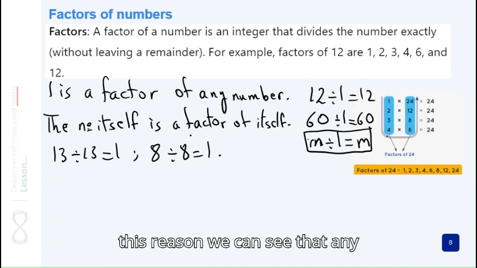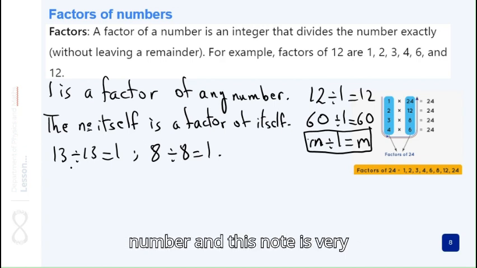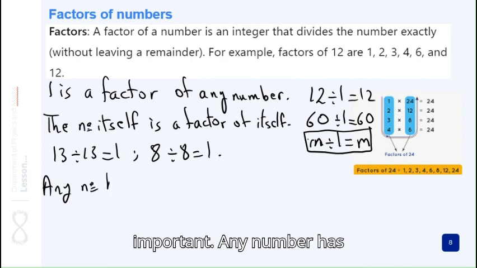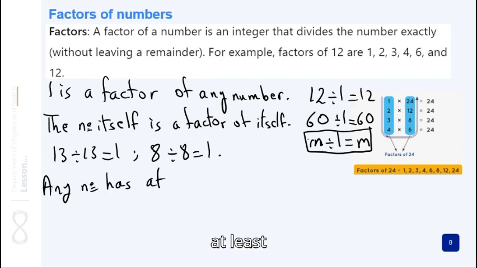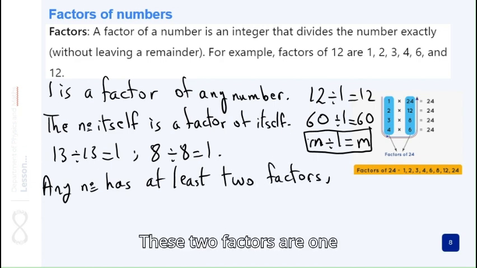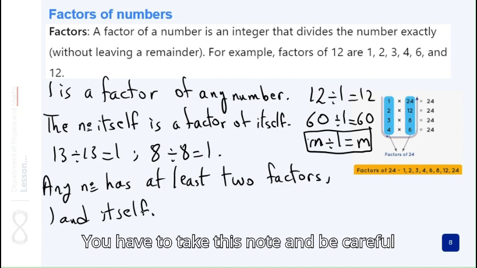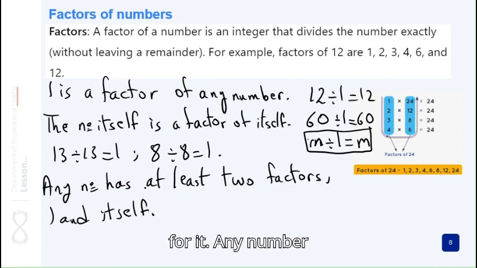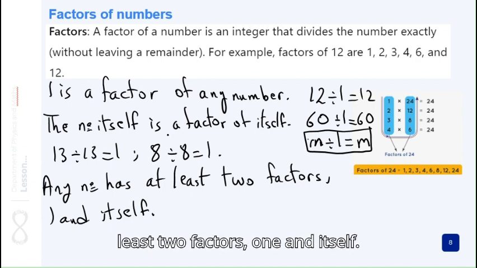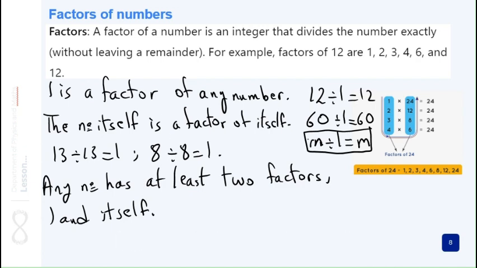For this reason, we can see that any number, and this note is very important, any number has at least 2 factors. These 2 factors are 1 and itself. You have to take this note and be careful for it. Any number greater than 1 has at least 2 factors, 1 and itself.